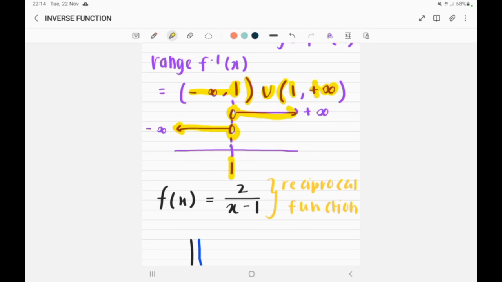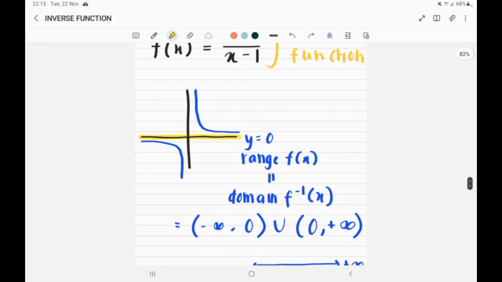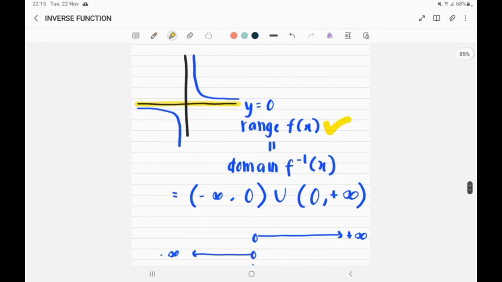Since our function is 2 over x minus 1, it is a reciprocal function. Remember what a reciprocal function is? When we sketch its graph, it would be something like this. It will not touch y equal to 0. So y equal to 0 is excluded from the range of f(x), and the range of f(x) is equal to the domain of f inverse.